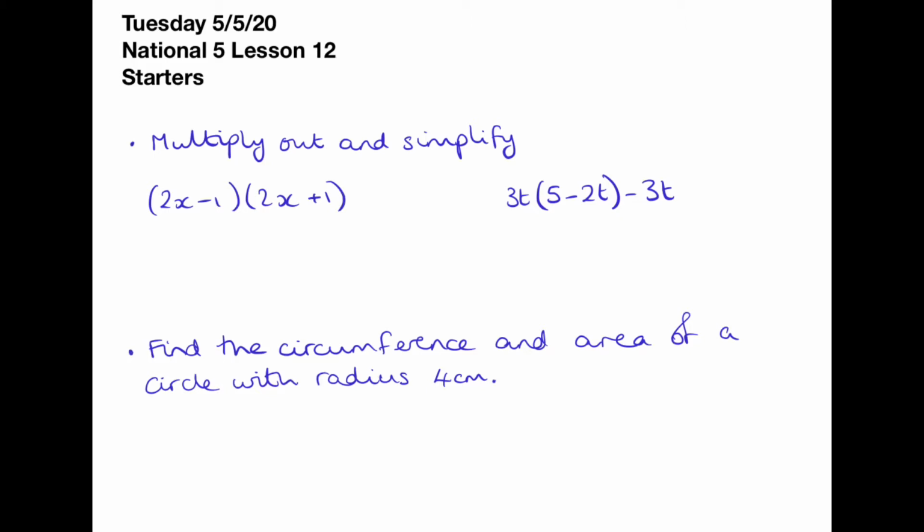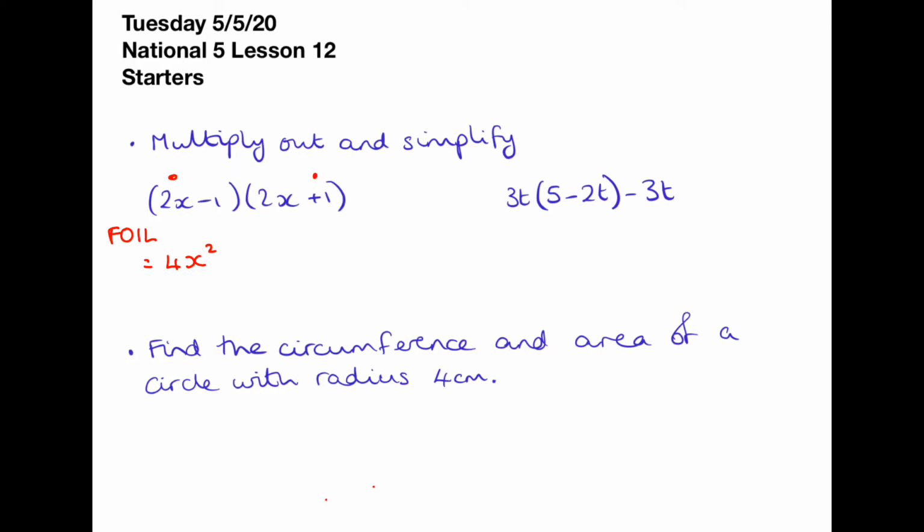I'm going to use FOIL to do this. So that means firsts, outsides, insides, lasts. So it's going to be the firsts, so that's these two. The first is 2x times 2x, so that's 4x squared. Then O for outsides. The outsides are the two that are furthest away from each other.